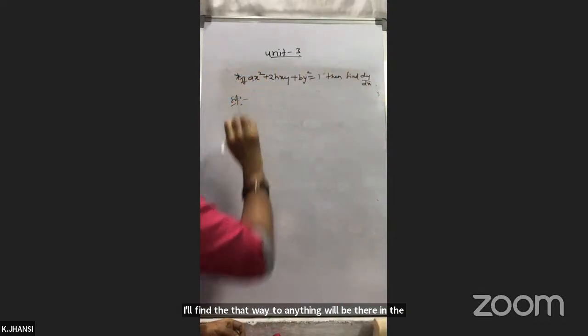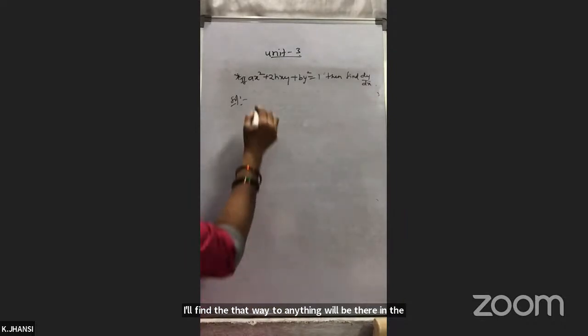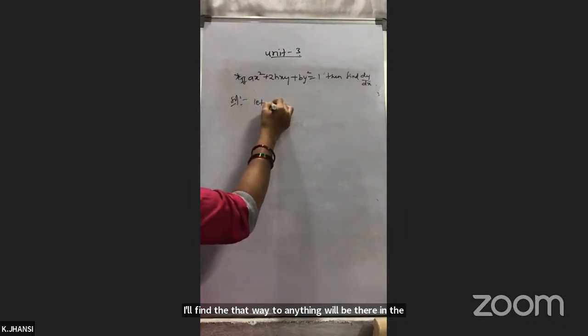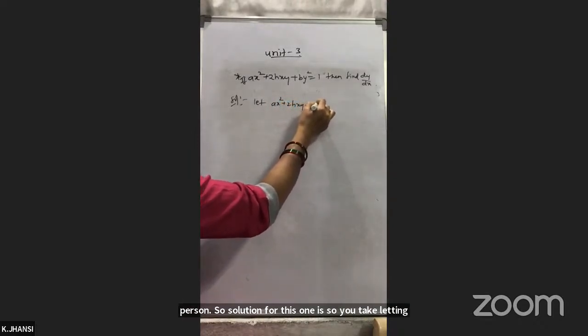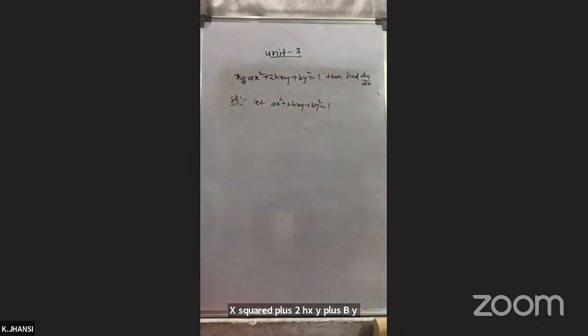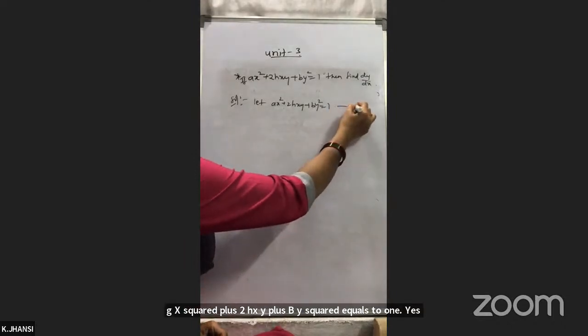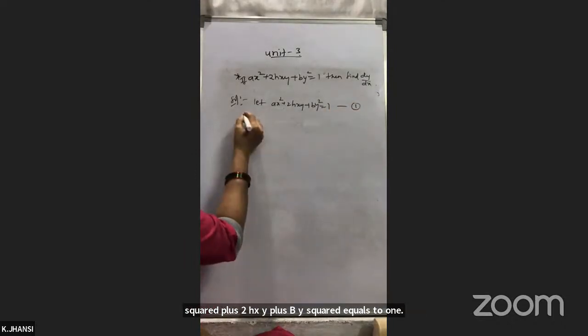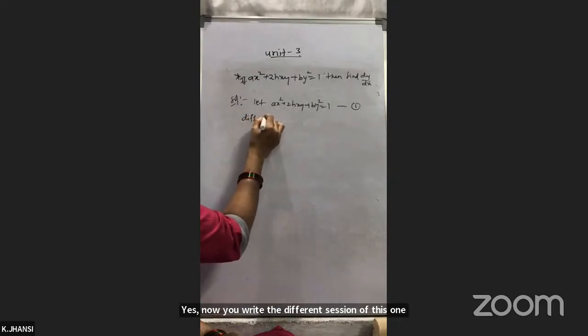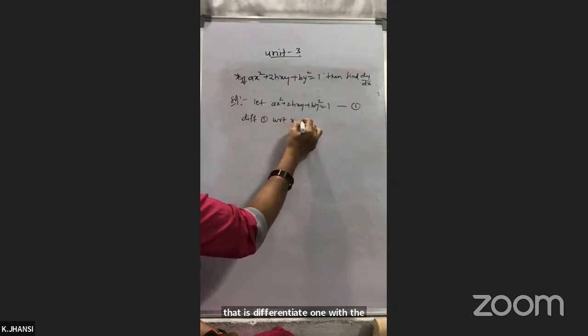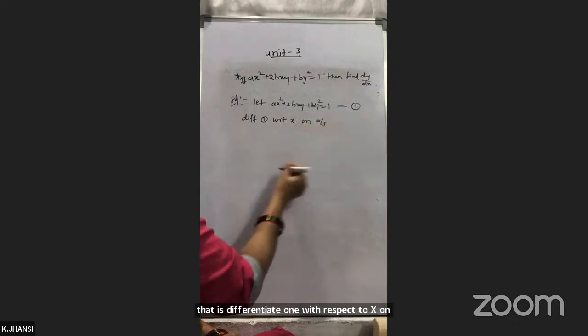So the solution for this one is: let ax square plus 2hxy plus by square equals 1. Take this as equation 1. Now you write the differentiation of this one, that is, differentiate 1 with respect to x on both sides.